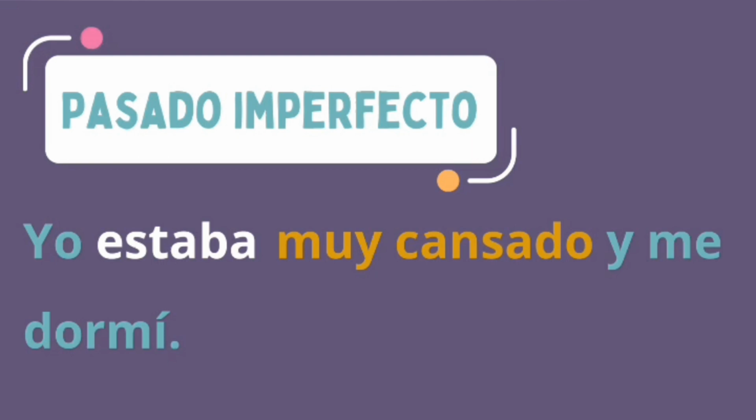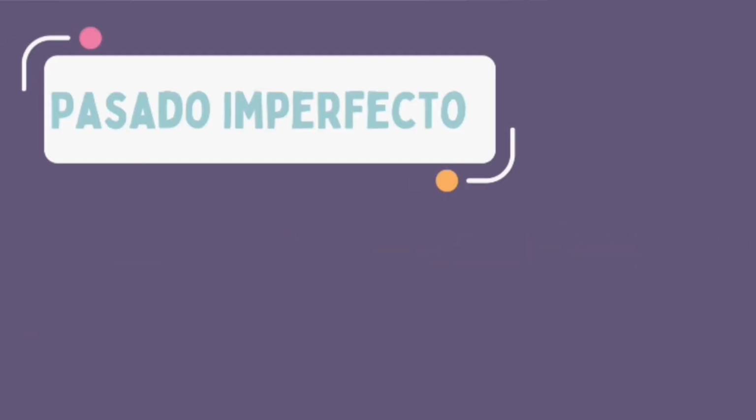I was very stressed. I was very interested. If you're talking about those type of things, then you gotta use this verb, estar, in the imperfect past, estaba. Okay, yo estaba muy cansado y me dormí. I was very tired and I fell asleep. Okay? Now let's see another sentence.